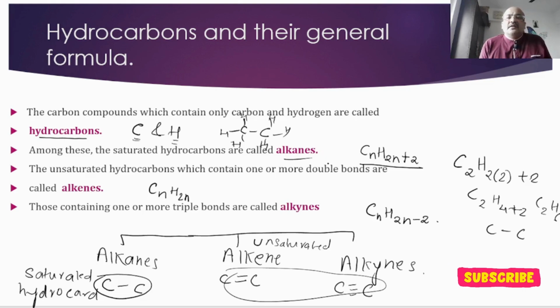Same way for alkenes, the formula is CnH2n, and for alkynes, the formula is CnH2n-2. You just need to put the number of carbons here and you will get the number of hydrogens accordingly.